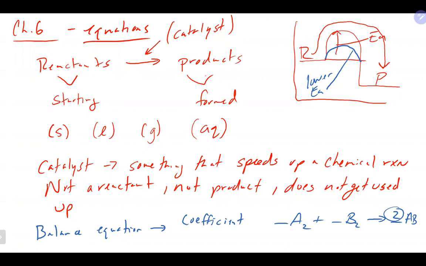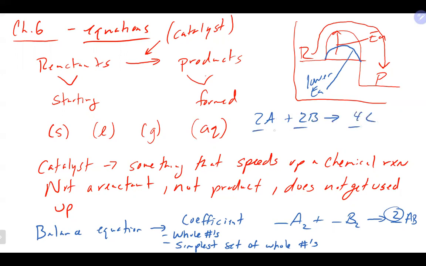And when you are balanced, you need to make sure of two things: they're all whole numbers, and that they are the simplest set of whole numbers. So a reminder, if you balanced something with these coefficients, you can't go through and divide everybody by 2 and still achieve whole numbers. That is what you should do for the properly balanced equation.